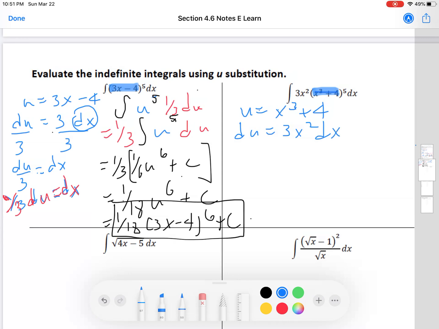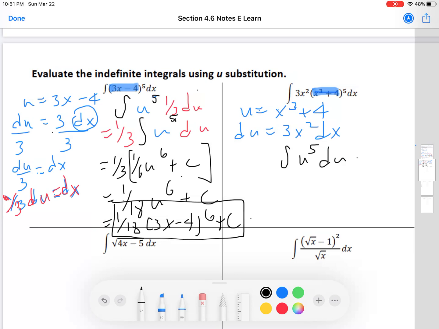Now this is really, really nice because we have a 3x squared dx already on the outside. So when I rewrite the integral here, I'm going to have the integral of u to the fifth, and I already have a 3x squared dx, and that's my du.